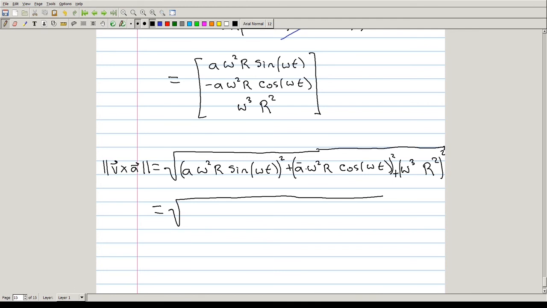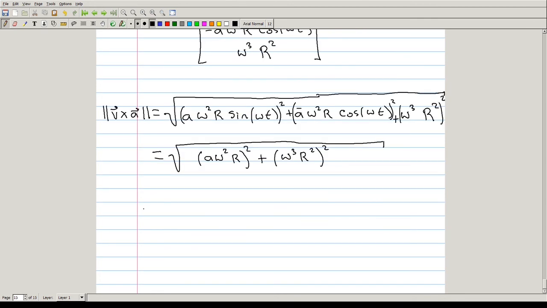This negative sign is inside the square, and that's going to give us a 1, which gives us a times omega squared times r squared plus omega cubed times r squared squared, which simplifies to a squared times omega to the 4th times r squared plus omega to the 6th times r to the 4th.